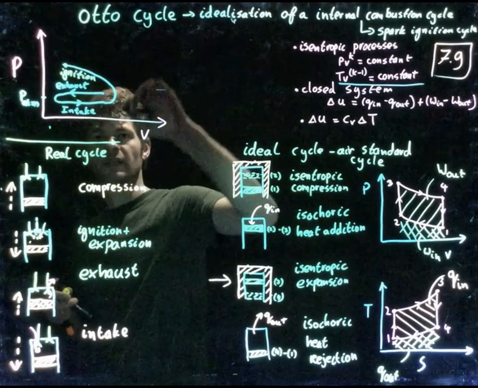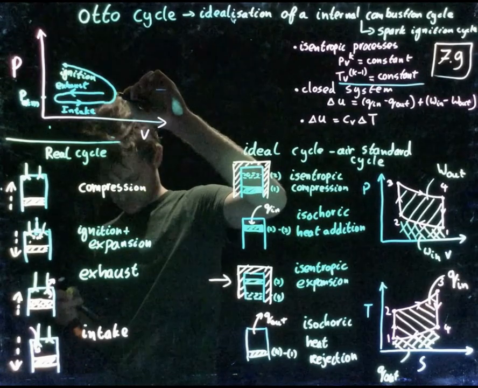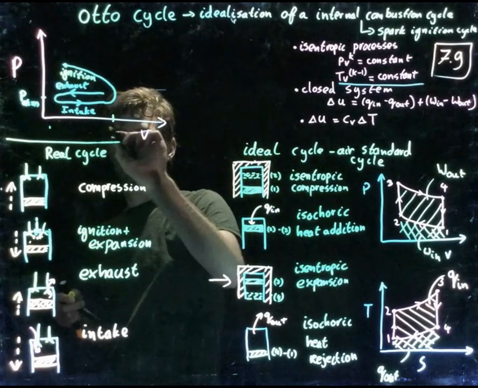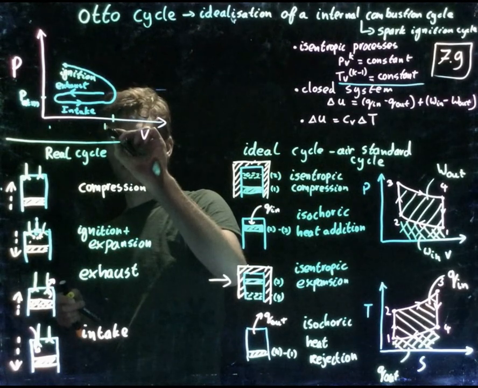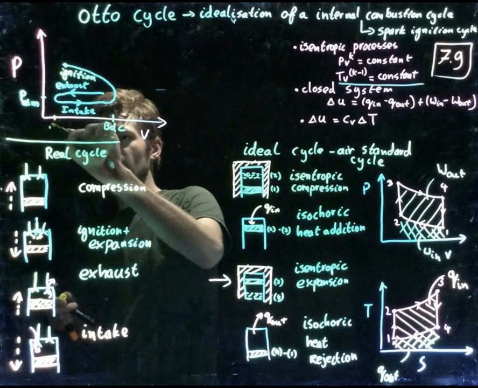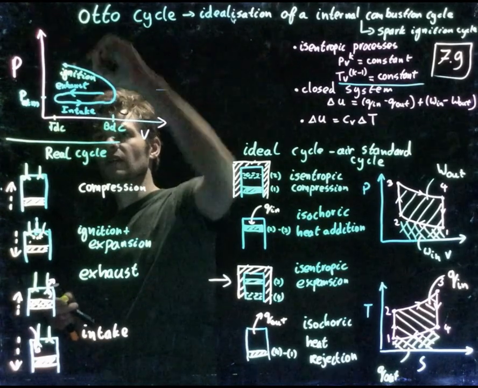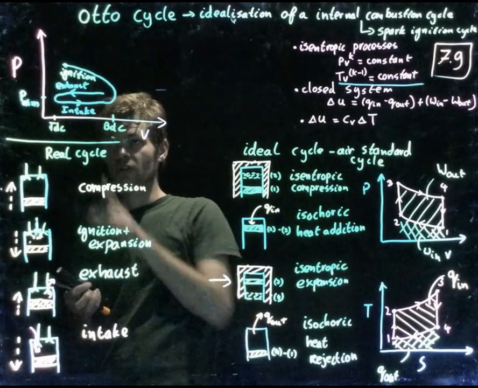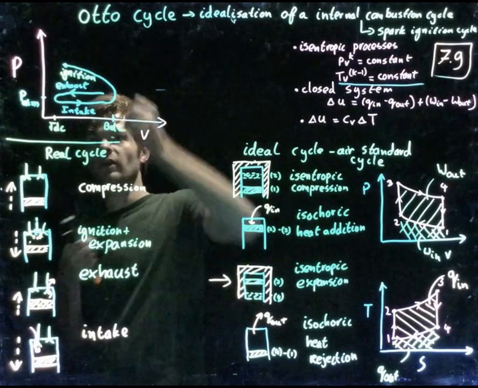Let me write down here, over here we've got the bottom dead center, and over here we've got the top dead center. Slightly before the top dead center, ignition takes place. So not at the top dead center, slightly before.